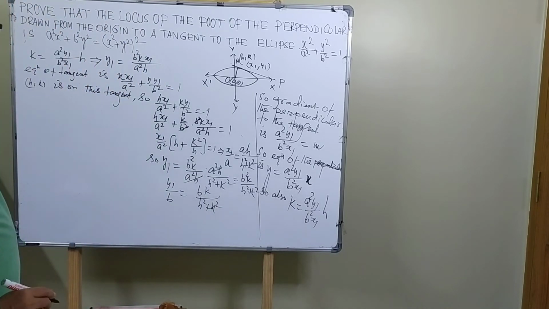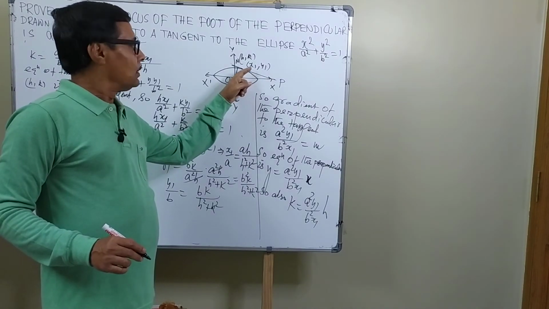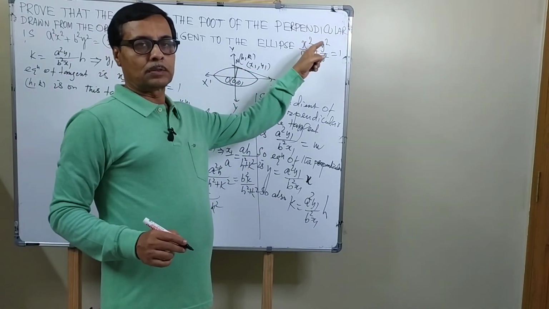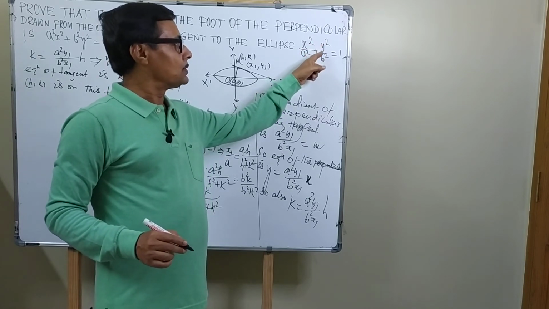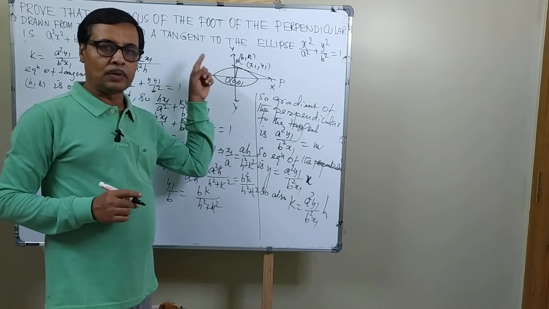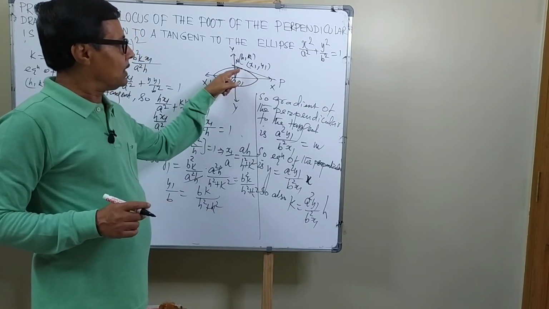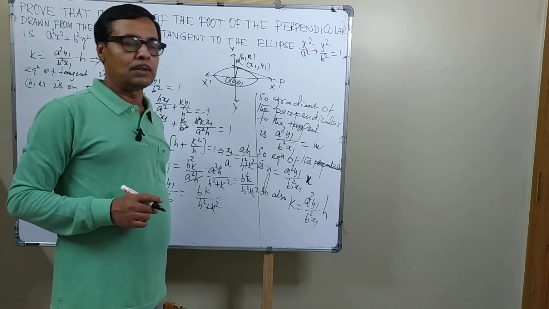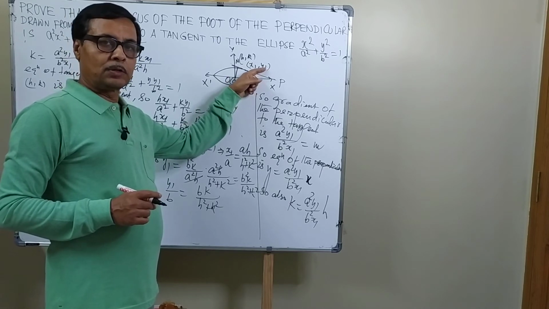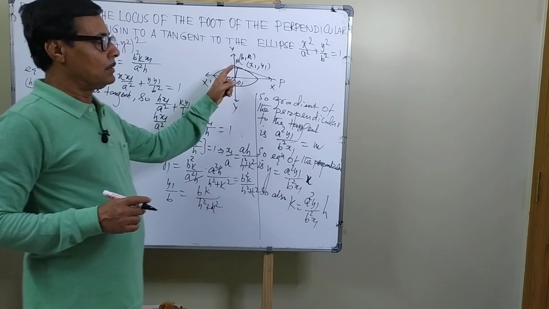Now also the point (x1, y1) lies on the ellipse x square over a square plus y square over b square equal to 1, because (x1, y1) is taken as the point of contact. The tangent line touches the ellipse at the point (x1, y1), so (x1, y1) obviously lies on the ellipse.